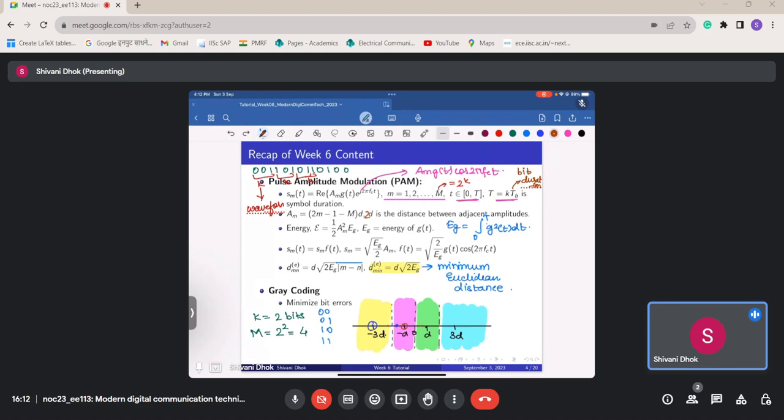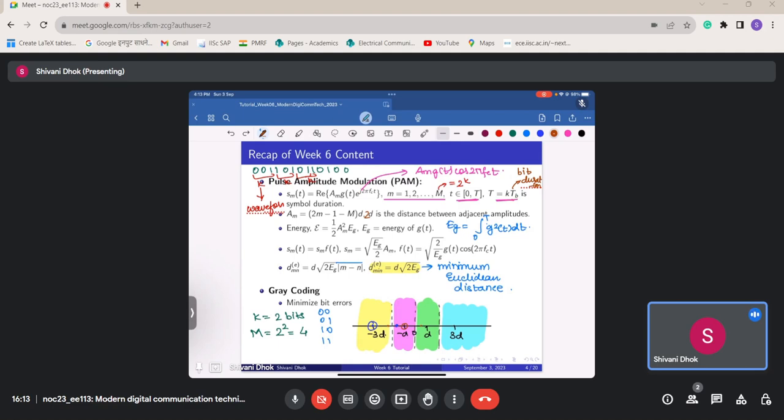So if that is happening, and the bits of consecutive decision regions vary by more than one value, then my bit error rate will be higher.